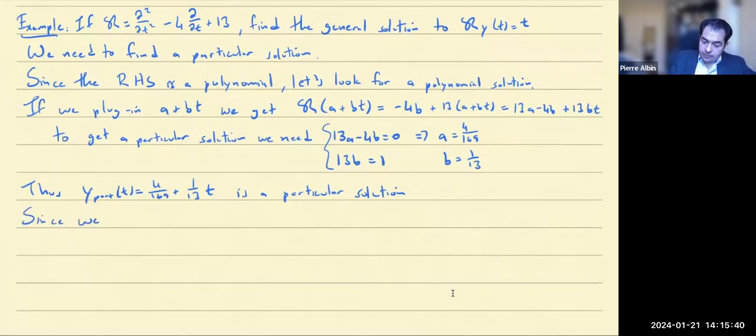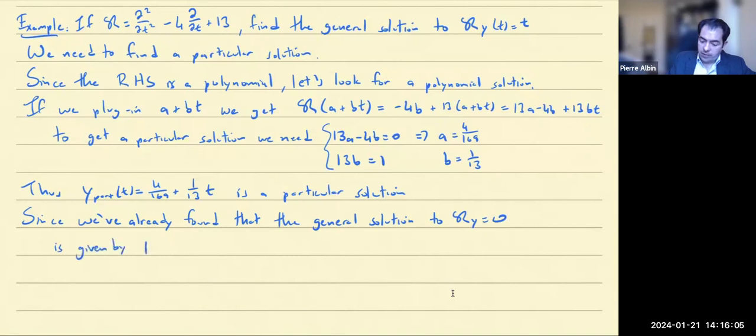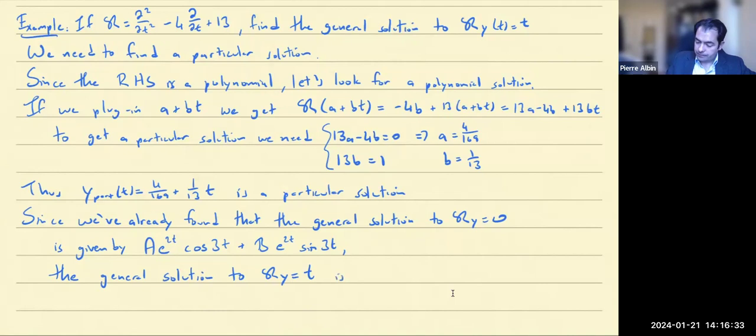Since we already know that the general solution to Ry equal to 0 is given by a times e to the 2t times cosine 3t plus b e to the 2t sine of 3t, right, with a and b arbitrary constants, it follows that the general solution to the equation Ry equals t is y of t is, well, a particular solution.